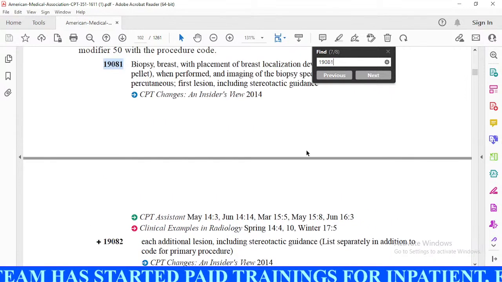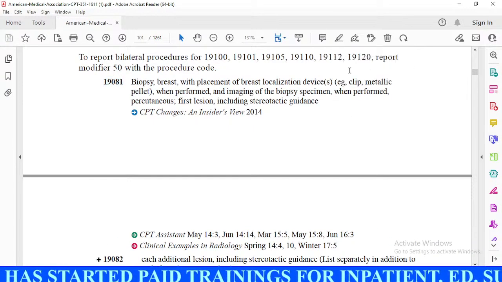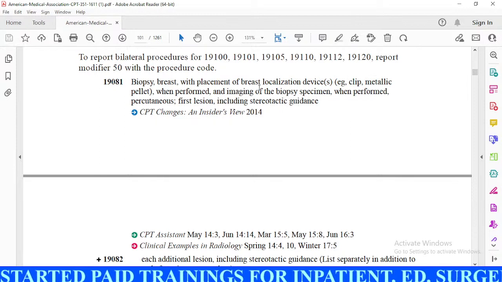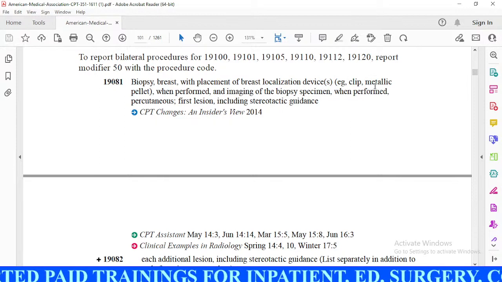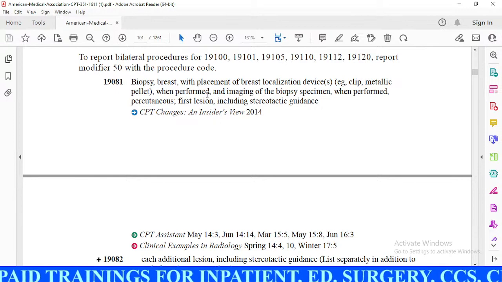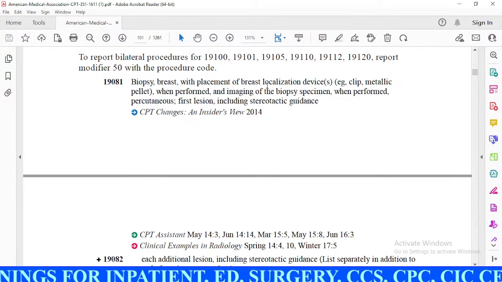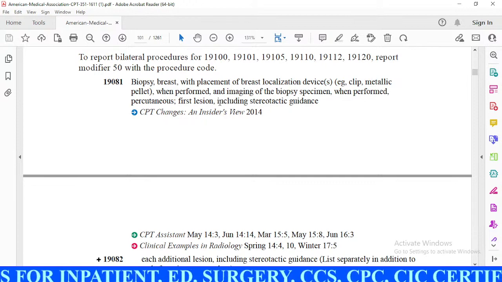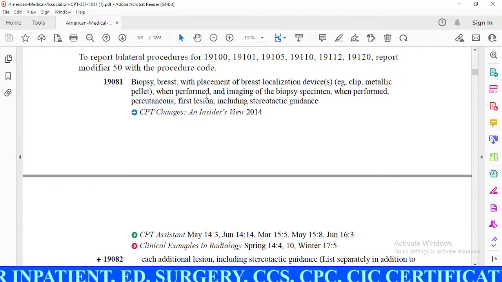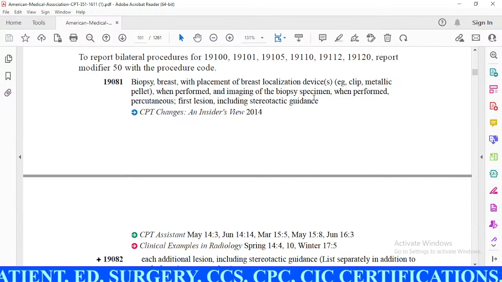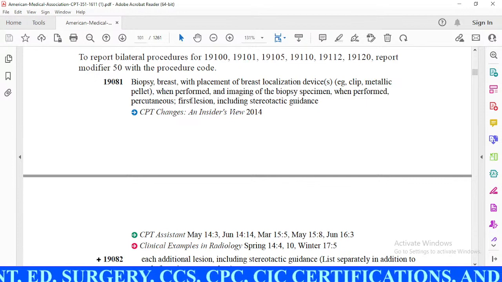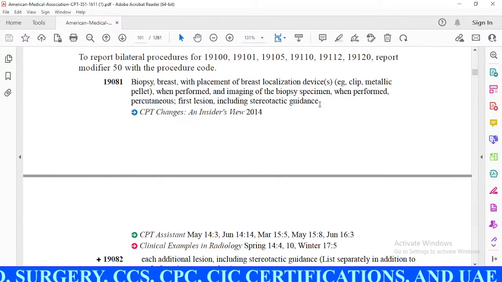So why 19081? See here, biopsy, breast, with placement of breast localization device, clip, metallic pellet, when performed. So this localization device placement is not necessary. If the physician performs localization also, we need to code this code. And imaging of the biopsy specimen when performed, percutaneous, first lesion, including stereotactic guidance.